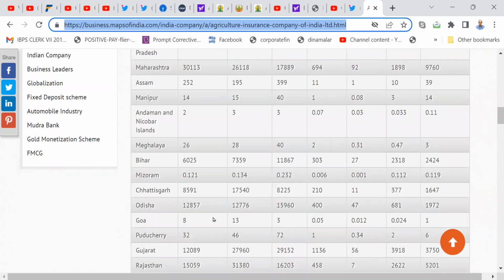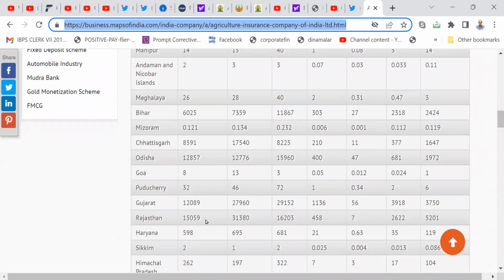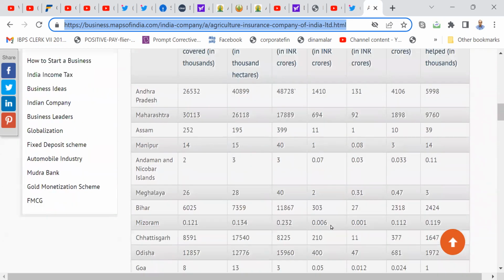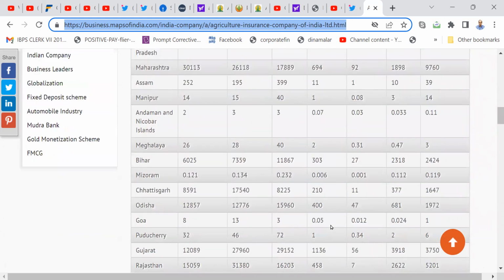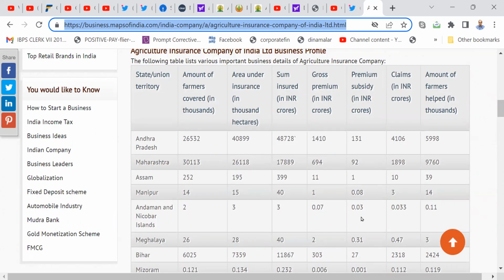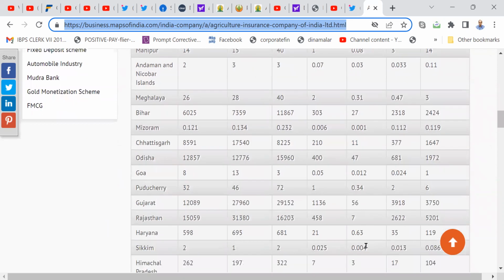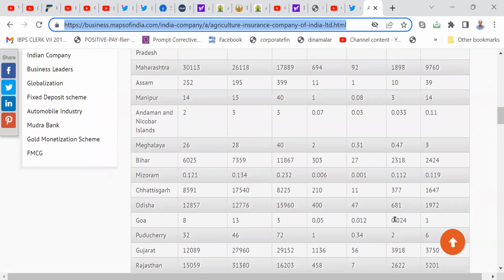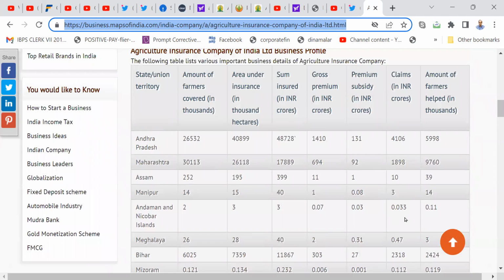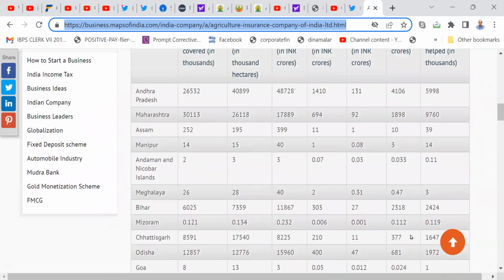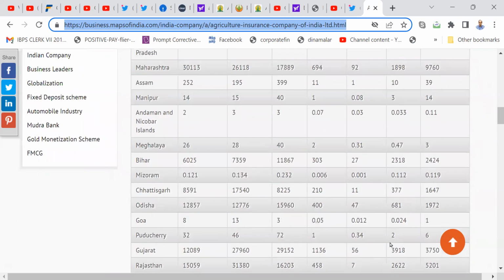That's what I said, I saw that. Okay, sir. In Rajasthan, how much premium have they collected? Gross premium, some 458. Then premium subsidy, something they have given. Then see how much claim they paid. Wow, great. 2,000, 622, something like that. Read this fully.